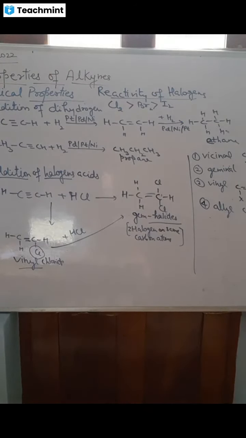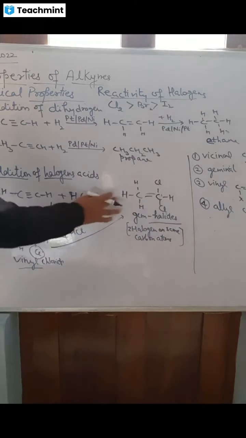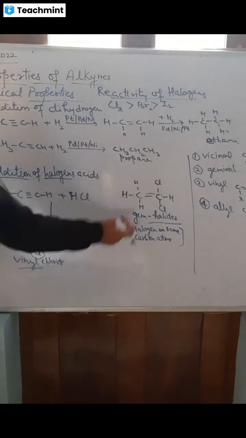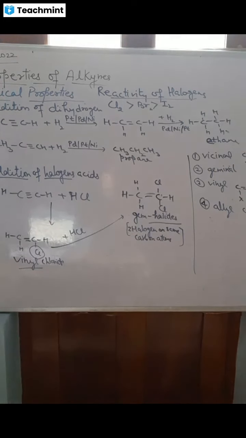So in this case we introduce HCl. First it forms vinyl chloride, then it forms the geminal dihalides. क्या होते हैं? Geminal dihalides we have. Okay बेटा, clear?